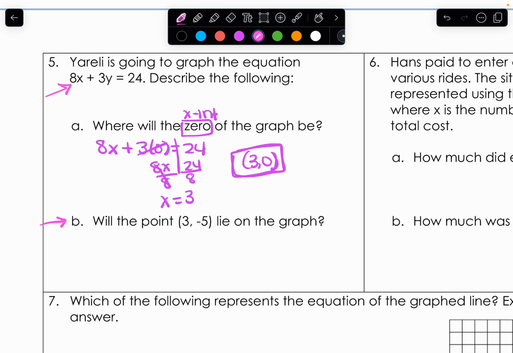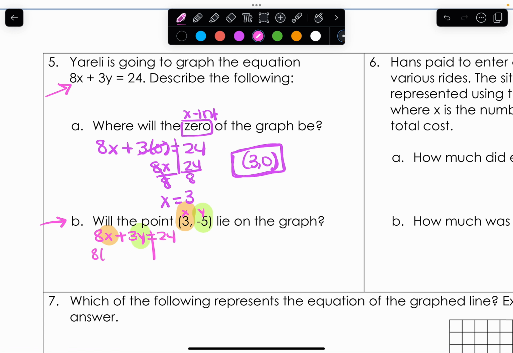You're going to plug in both numbers. 3 is an x value, negative 5 is a y value. My original equation is 8x plus 3y equals 24. So I'm going to replace x with the number 3, and I'm going to replace y with the negative 5.